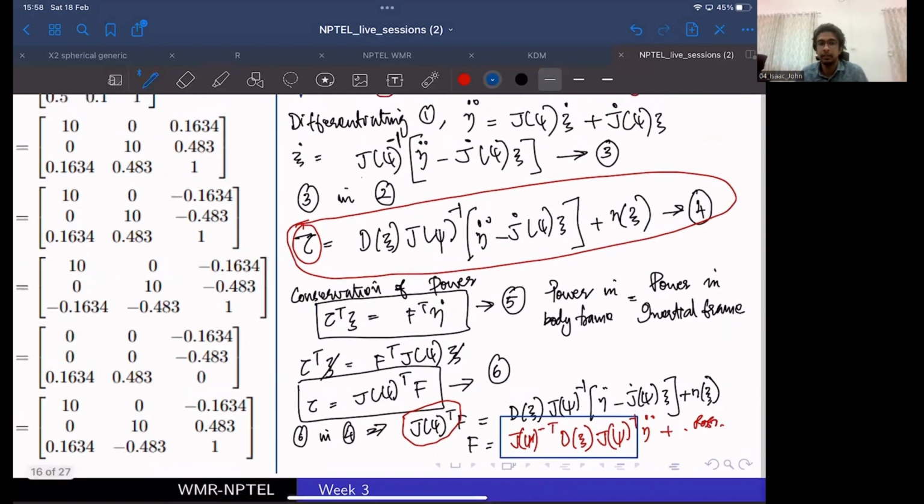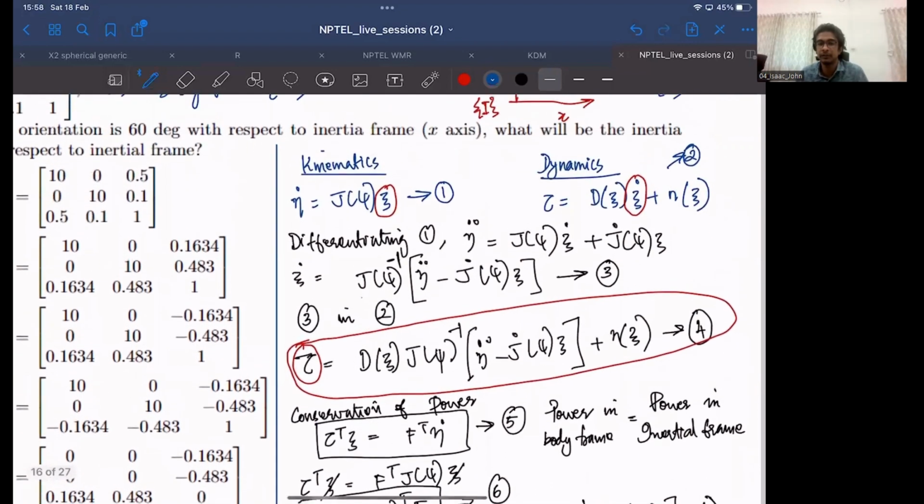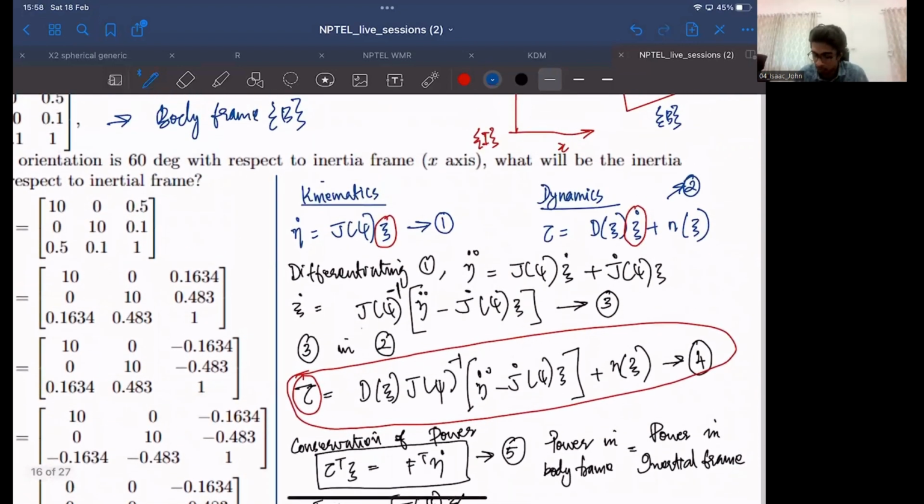If you're writing the equations of motion with respect to the body frame, this is your acceleration vector zeta dot, and the coefficient of this acceleration vector is your mass matrix.